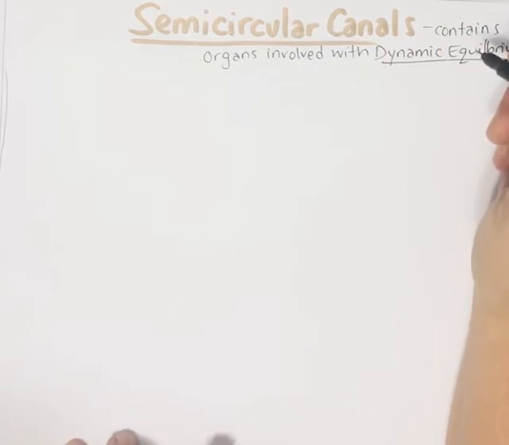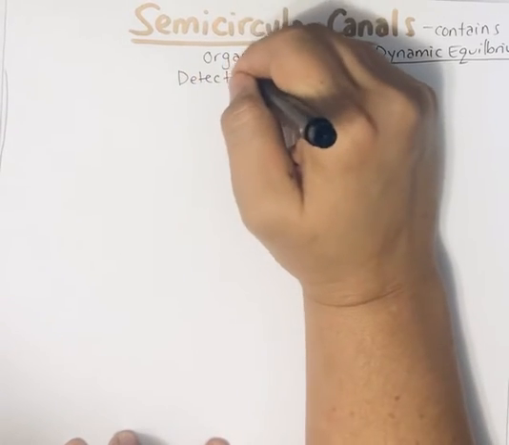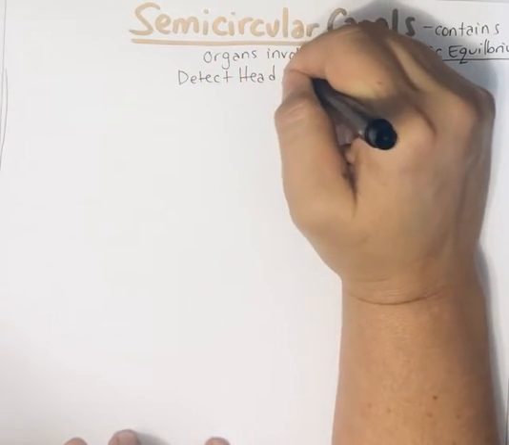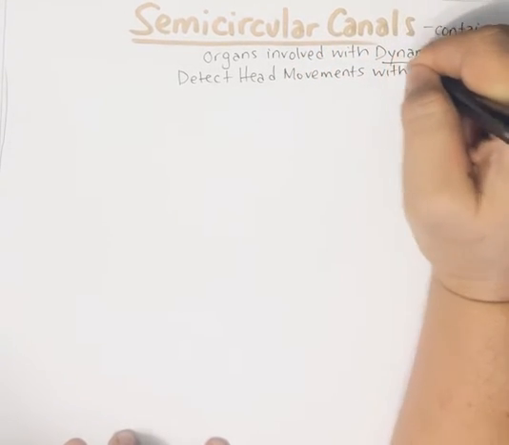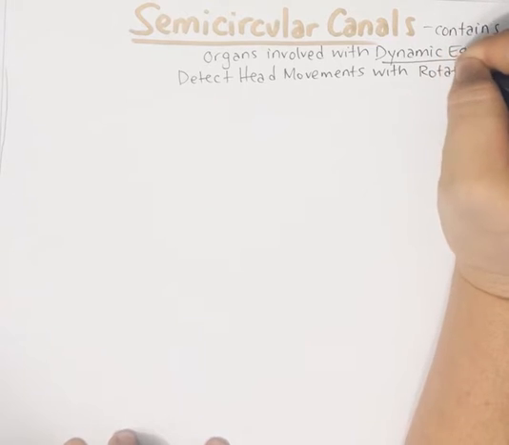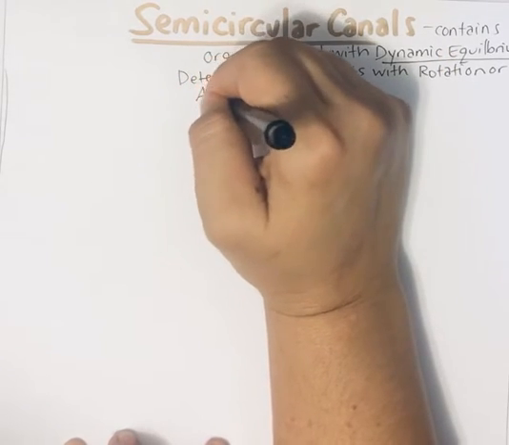Dynamic equilibrium is going to detect head movements with rotation or angular movements.